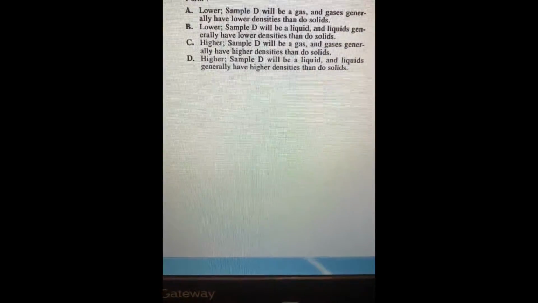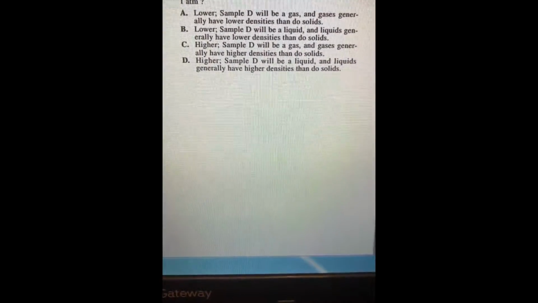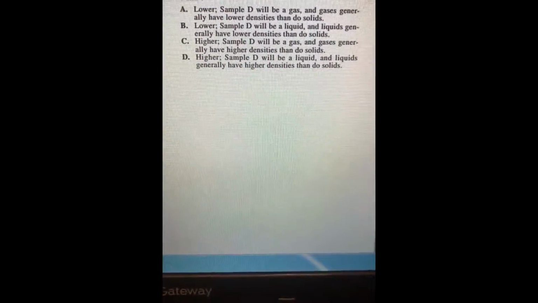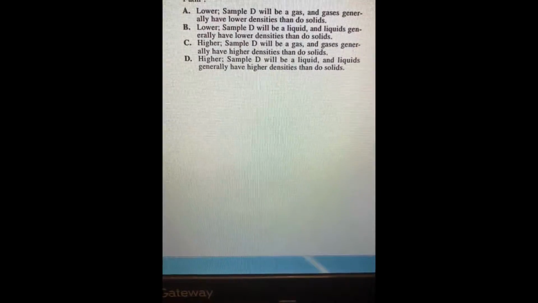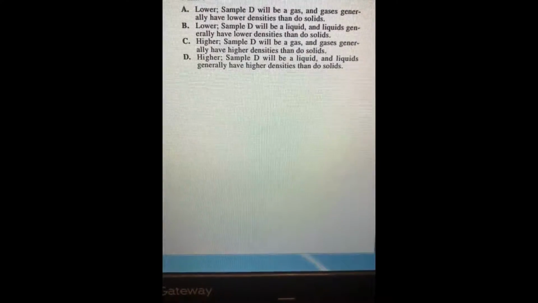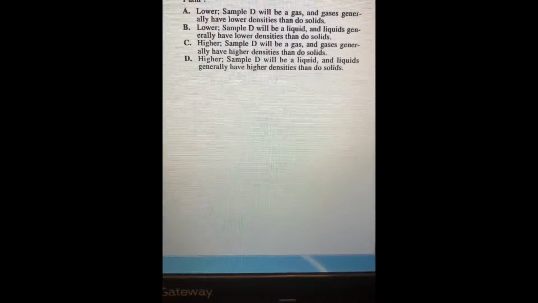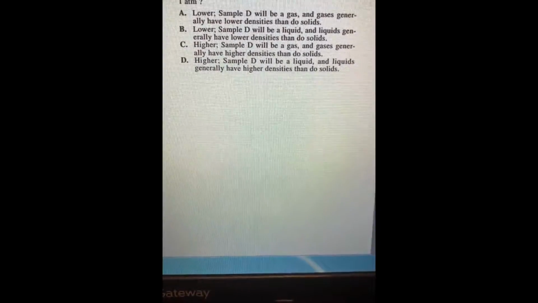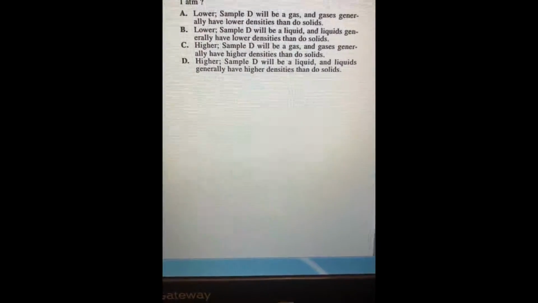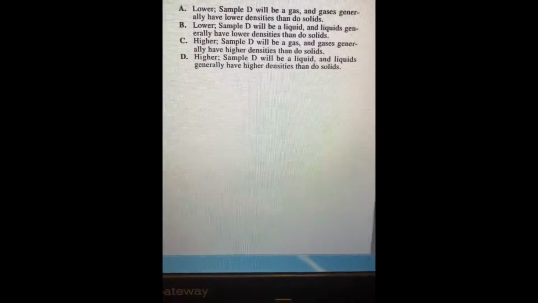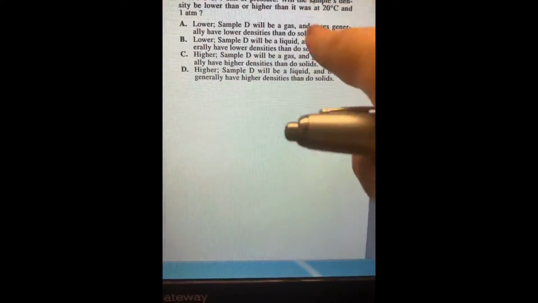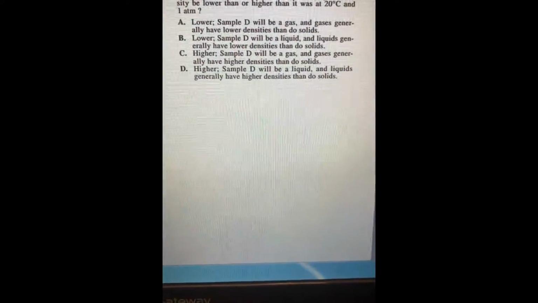Like I said in another video, sometimes both the ACT and the SAT will put in unnecessary information to either try to confuse you or try to keep out arguments. Like some people would be like, well, if the pressures were different, maybe the density would change or blah, blah, blah. I don't know what their argument would be. But sometimes they put that in there just for that, or to just give you random information that you really don't need.